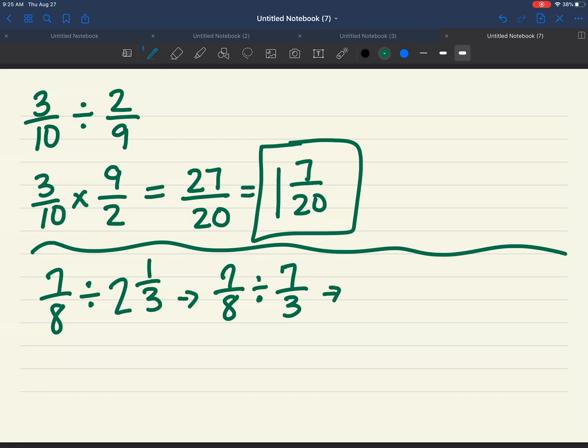So when you keep change flip, you would get what? 7/8 times 3/7. Okay. All right, keep going. What can you do next? 21/56. Okay, you can. Is there anything you could simplify first though? The sevens. That just makes it easier for you later, okay? It's not wrong if you did that, but it'll just make it easier for you here. Okay, now what would you get? 1 times 3? 3.